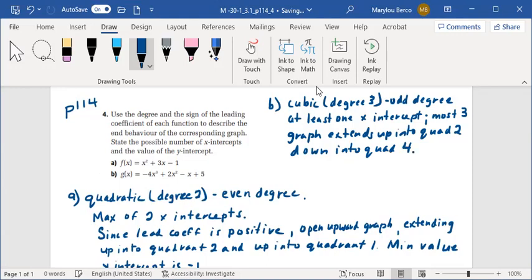There is no max or min value. And the y-intercept is 5. Okay.